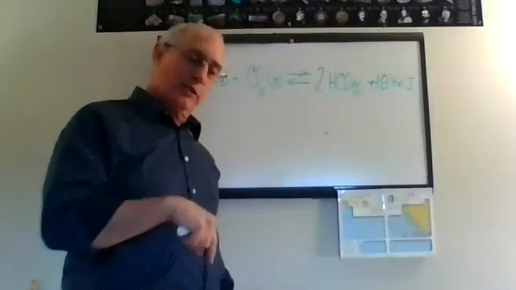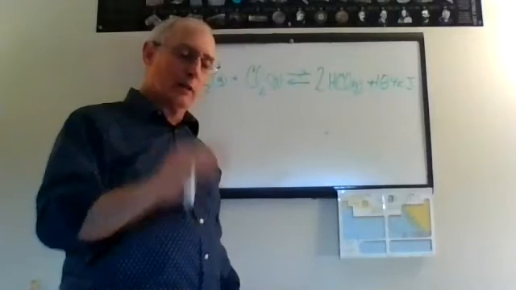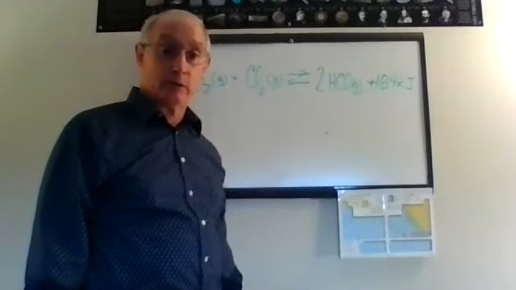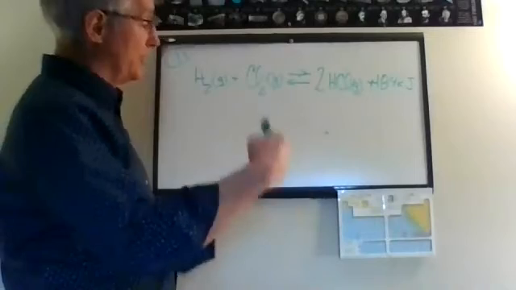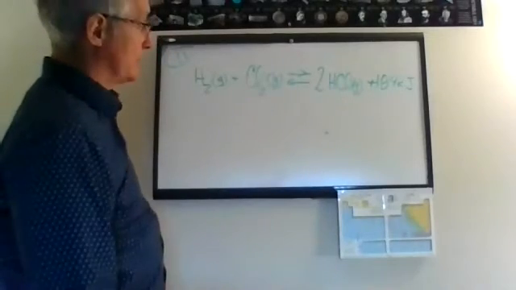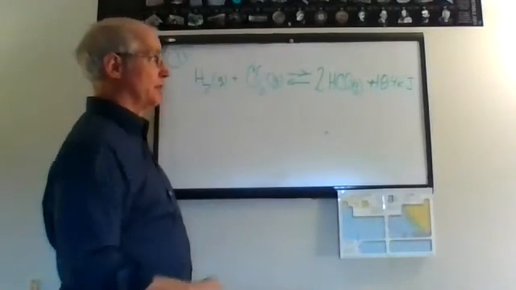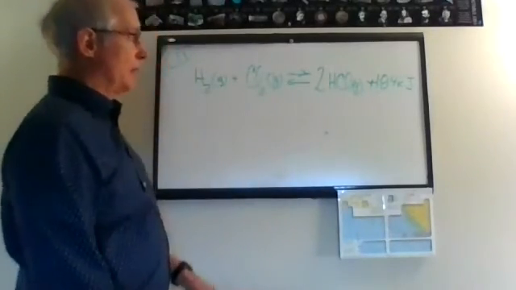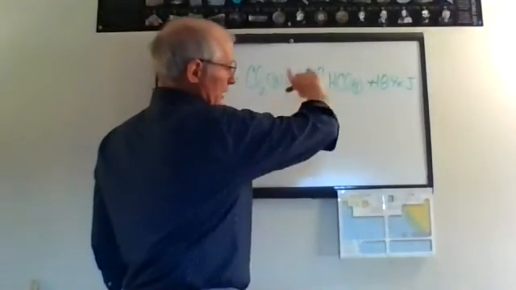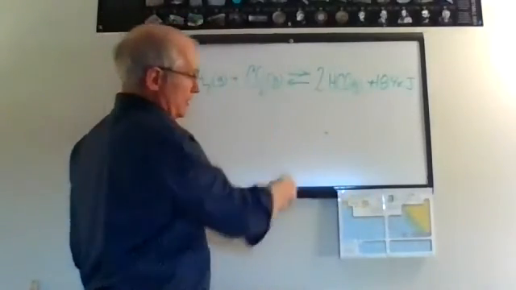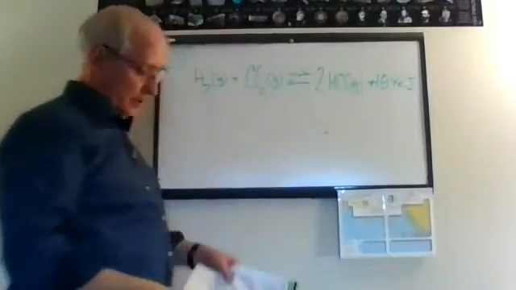And if you change the concentrations of things, it's not going to change that ratio. So changing the equilibrium constant only happens when you change the temperature. If you increase temperature, then the K value will go down. If you decrease temperature, the K value will go up.